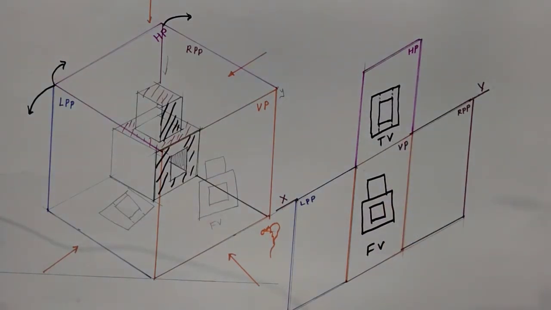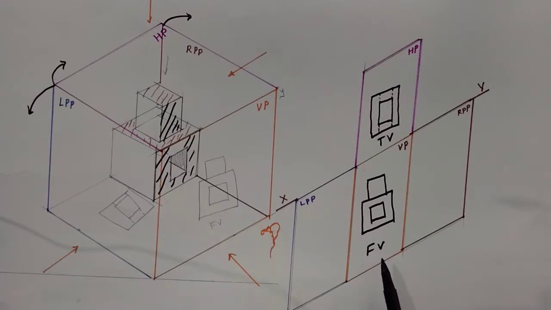Now in the third angle system, the elevation of the object is always below the XY line, because my vertical plane is below XY.